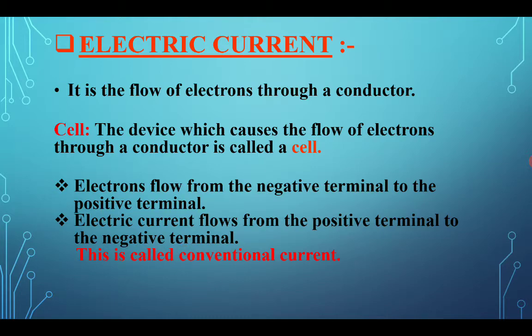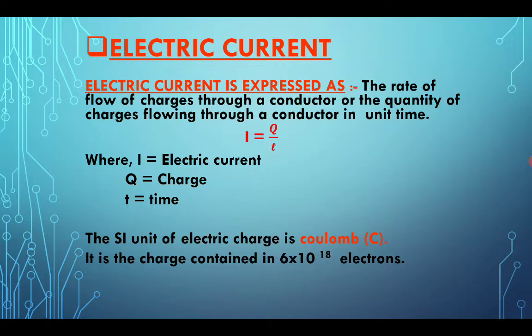Now this electric current can be expressed as follows. We know that the flow of charged particles makes the current flow through a given circuit. So electric current is the rate of flow of charges through a conductor, or the quantity of charge flowing through a conductor in unit time.